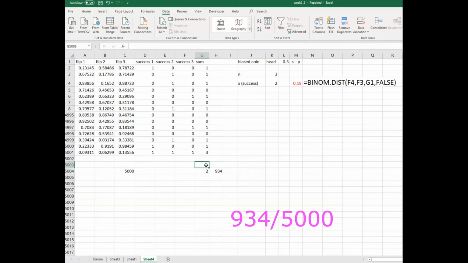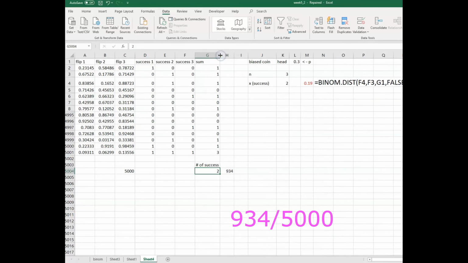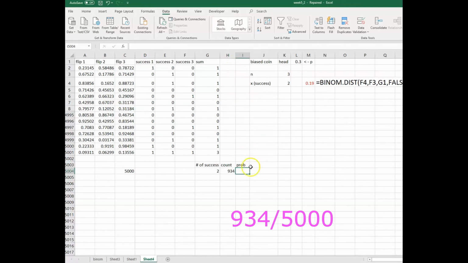So what is the probability? This is the number of successes, so this is the count. And so finally we have the probability.